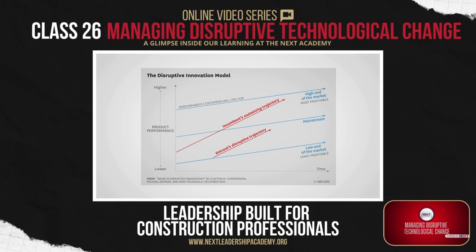And this is critical to understanding this. I want you to understand visually that the entrants' disruptive trajectory always starts lower than the needs, the products, the services, the capabilities that the existing incumbents' products provide.